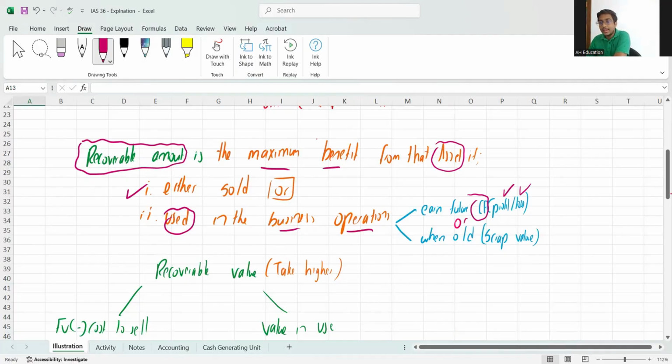Or, as that asset nears its useful life, you will have to sell it as scrap, which will also generate cash. So this is the meaning of your recoverable amount: the maximum benefit that you can generate when you sell it or when you use it in your business operations.